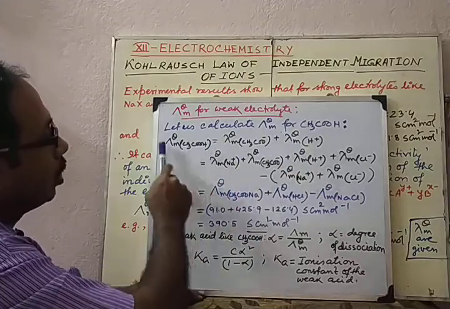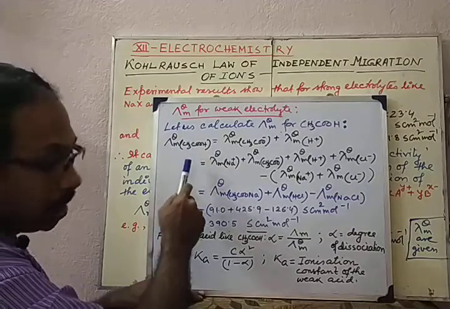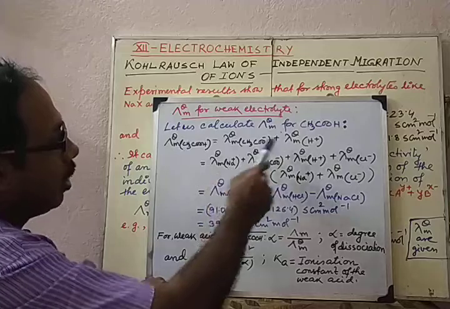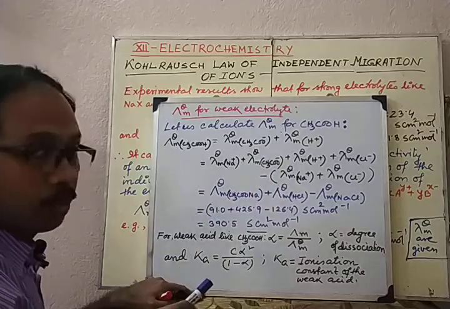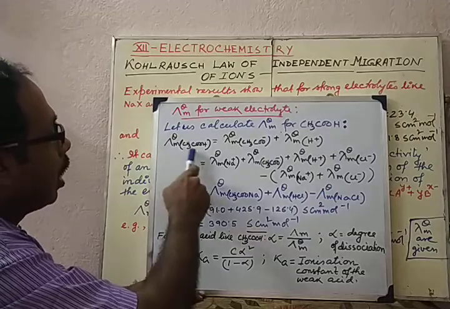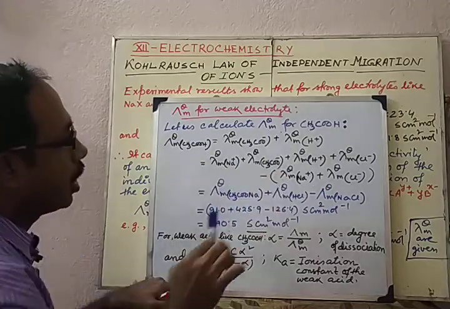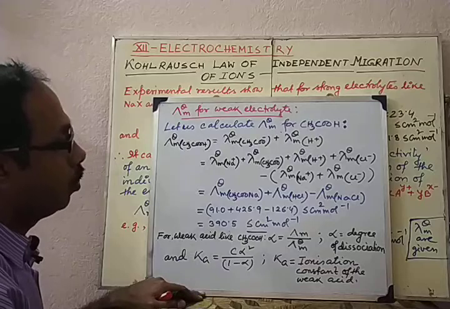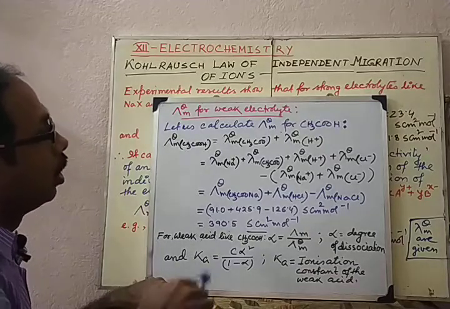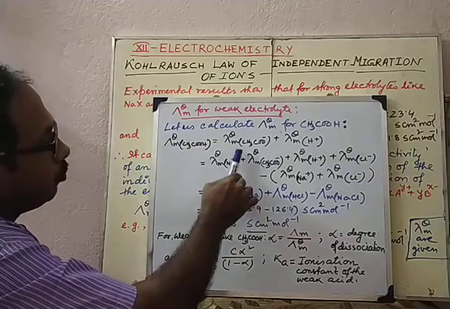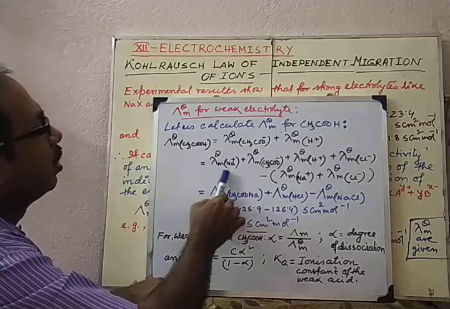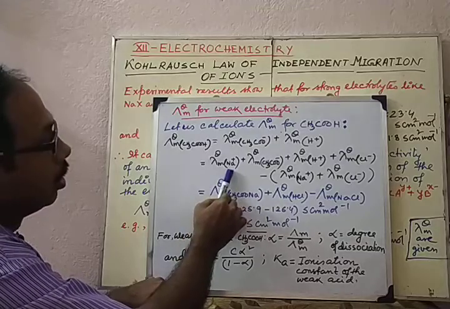So we can write the limiting molar conductivity of acetic acid is equal to the sum of the limiting molar conductivity of the contributing ions. But since at infinite dilution their concentration is such that it is very difficult to calculate, therefore we can have an alternate method. Suppose with this limiting molar conductivity of acetate, we can add that of sodium ion.